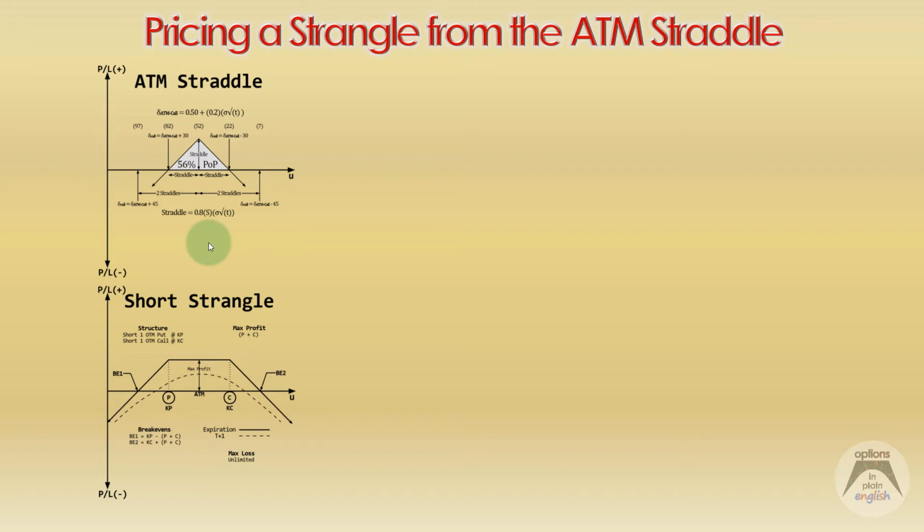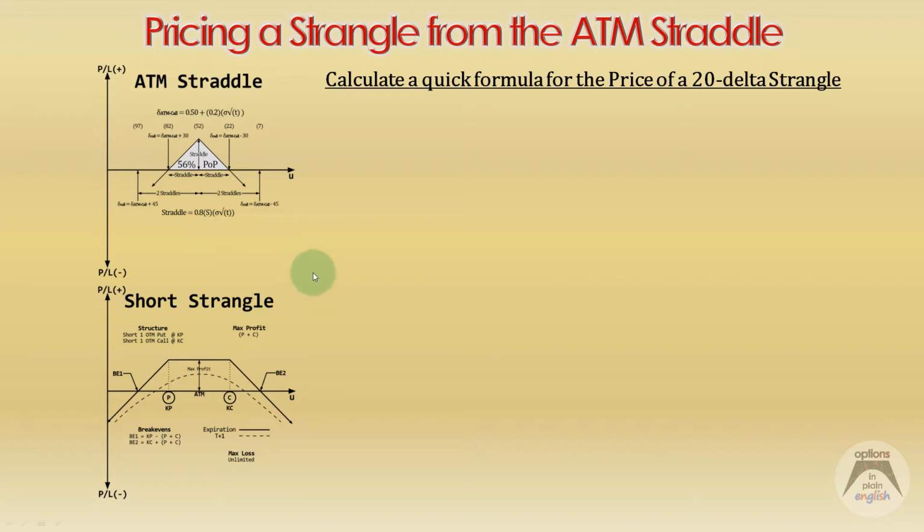Well, we're going to start by getting a quick formula for the price of a 20 delta strangle. Why 20 delta? Because we know that once you're at the money, if you move higher or lower by one at-the-money straddle, you're going to be going lower or higher in deltas by 30. So 50, minus and plus 30, is going to be 20 and 80.